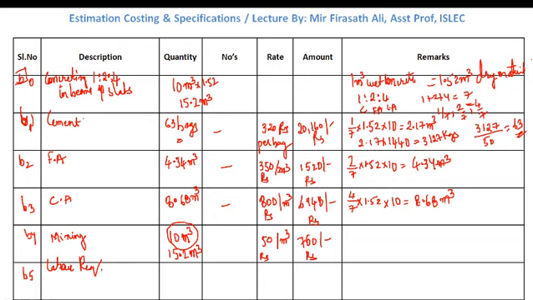How many masons are required? For 2.33 meter cube of concreting, we required half mason.